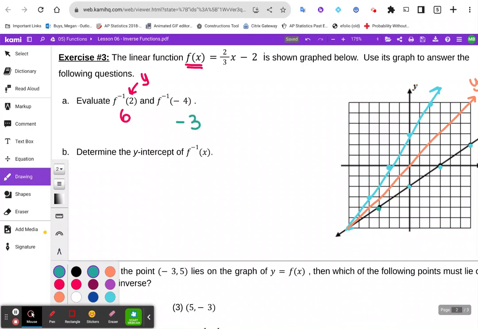Now, in the same regards, right, if I go to the inverse line that I've already created, if I go to -4 there, I'm still getting -3. So it's your choice of which line you want to use in that case. But the y-intercept of the inverse is clearly at +3. You would get that by finding the x-intercept of the original.